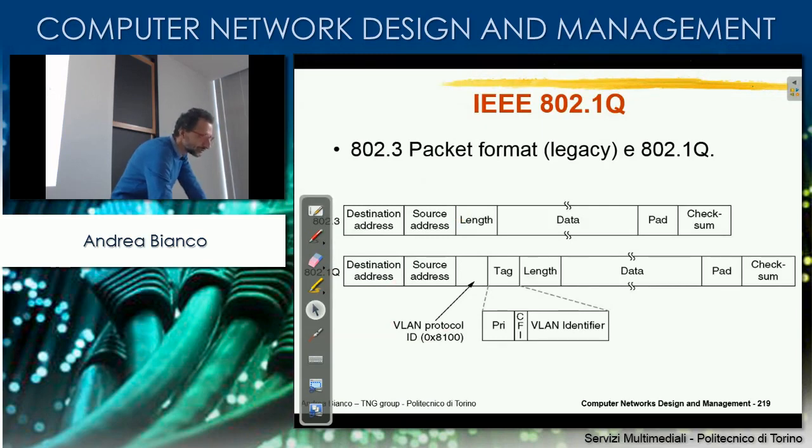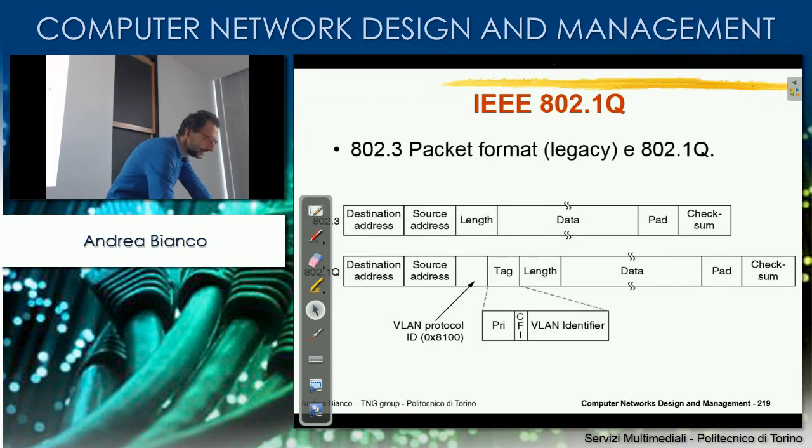If this code is used, you know that there are 2 additional fields in this packet format, okay? If instead you have another number here, that's a standard legacy IEEE 802.3 Ethernet packet, okay? So that's how you can keep compatibility.